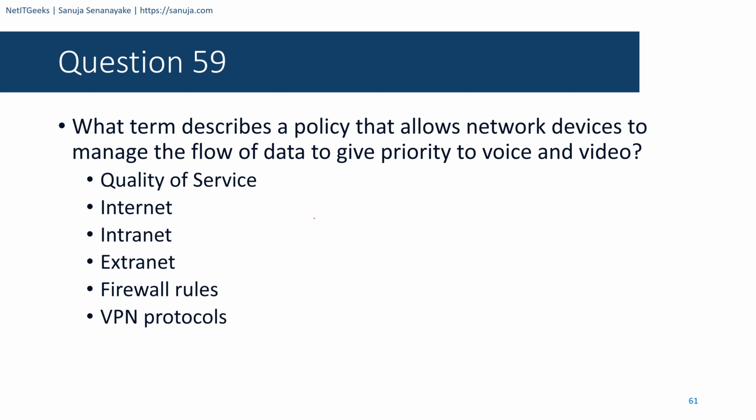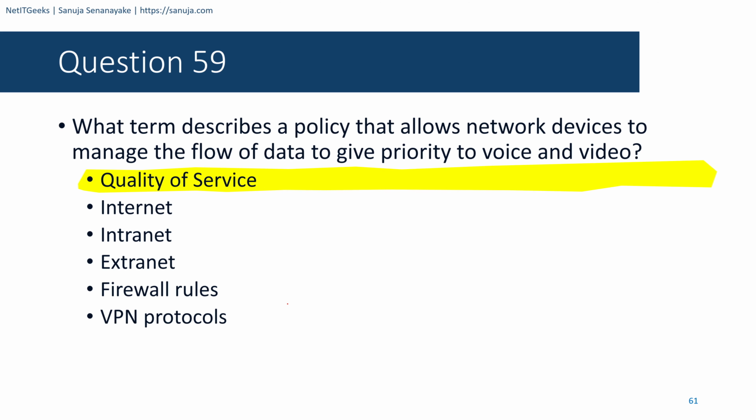If you remember quality of service, the main purpose of quality of service is to make sure that packets that are time sensitive and need a certain bandwidth and allocation can be given priority. So that's the answer, quality of service.